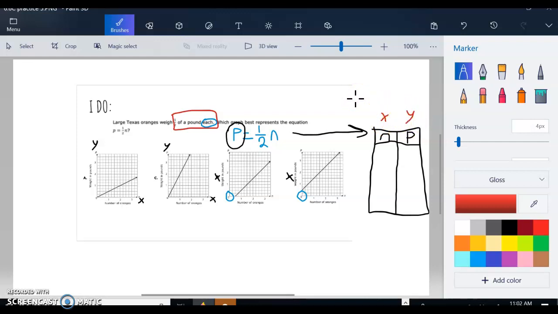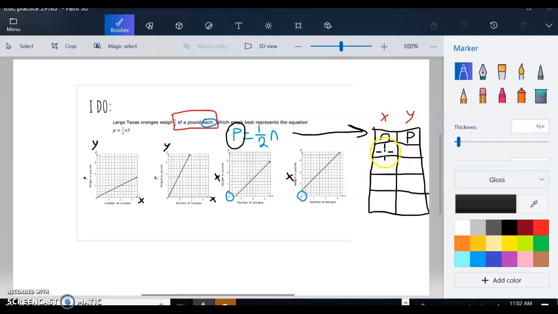Remember, your tables are always going to be set up like this, where the x value is on the left and the y value is on the right. This is how your tables are always going to be set up. So let's go ahead and make some values. Four numbers should be good. So P equals half times N. Okay, let's start with 1.